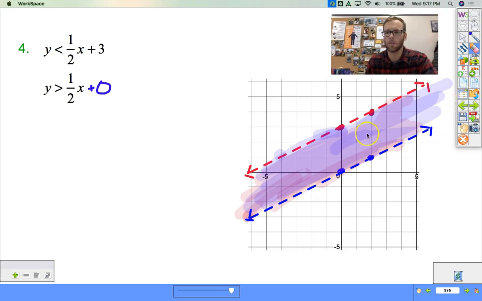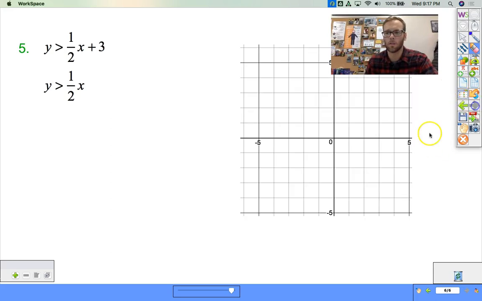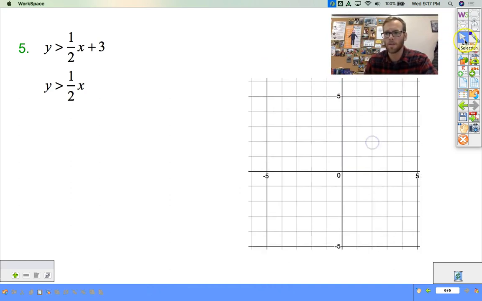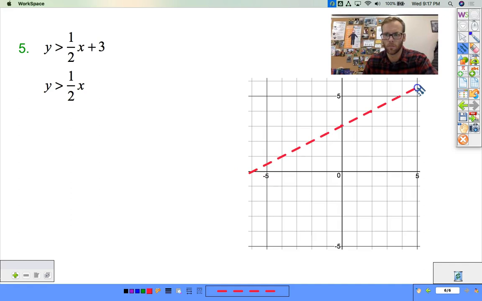Now it's a greater than. We're going to shade above it. The lines didn't change. We're still at a y-intercept of 3. We're still at a slope of 1/2. But now we're shading above.